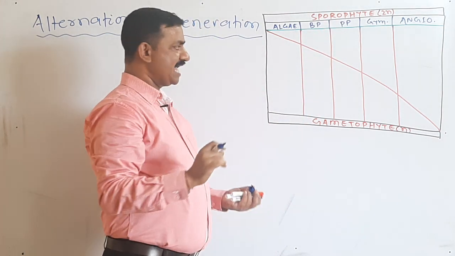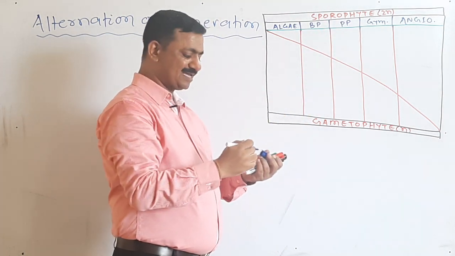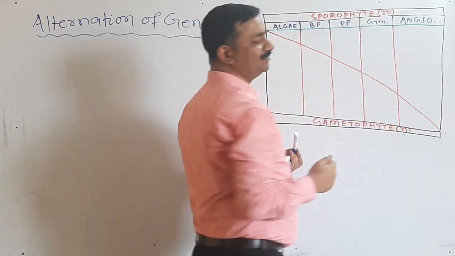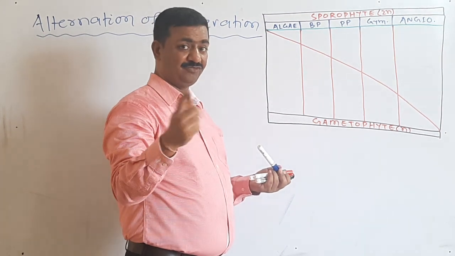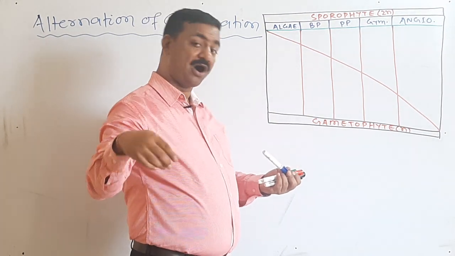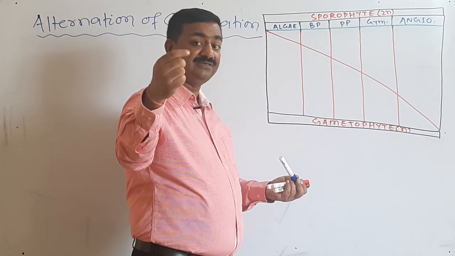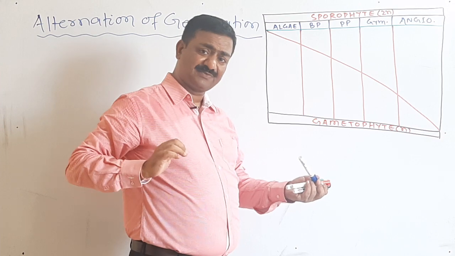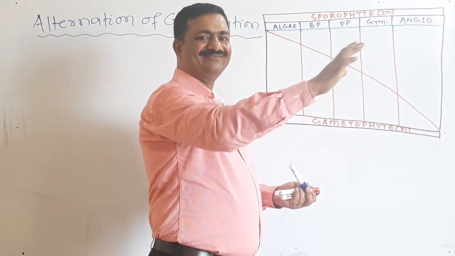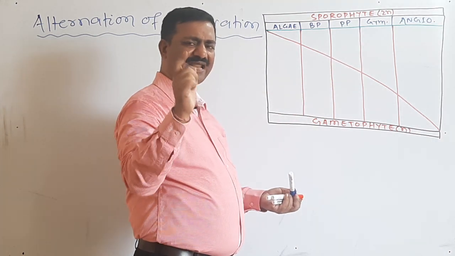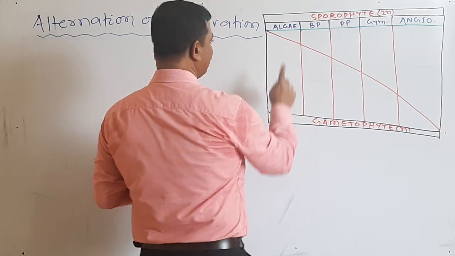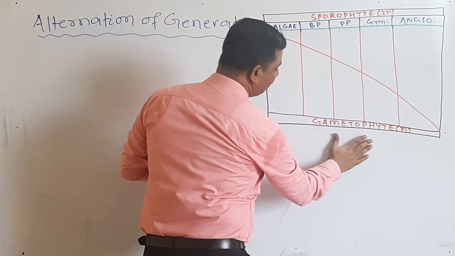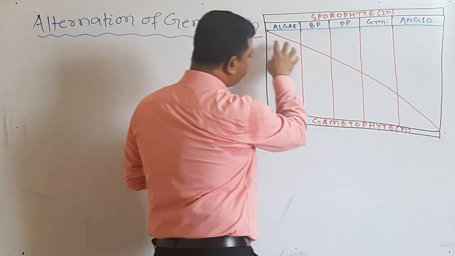A question may come. As you are moving from algae to angiosperm, can you tell me which one is reducing? Or, the next question, which one is elaborating, which one is getting more advanced? What do you get from this one very simple diagram? You are finding that from algae to angiosperm, the gametophytic plant body is going to reduce.